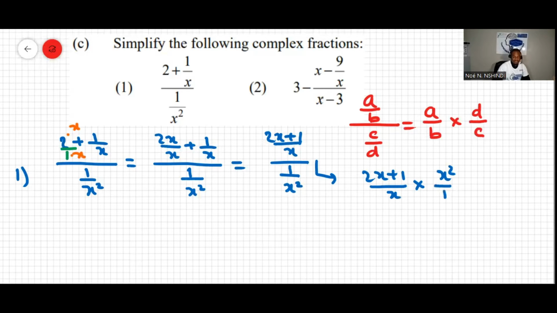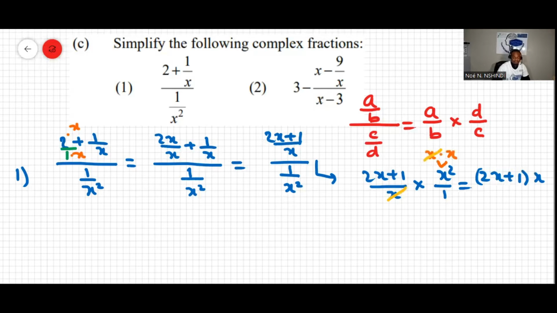So now when we multiply this, you note that x squared here is just x times x, so we can simplify this with that, and then we are left with 2x plus 1 multiplied by x.